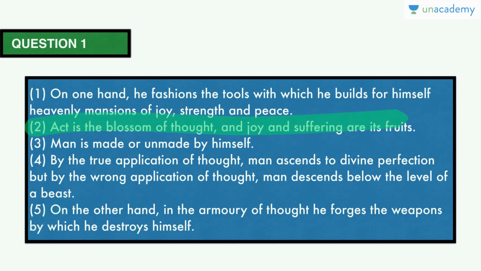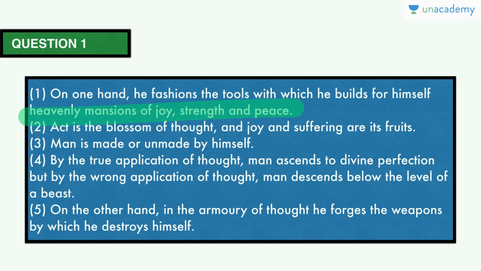Act is the blossom of thought, and joy and suffering are its fruit. Man is made or unmade by himself. Both of them could be opening sentences, but the hint that I got about sentence 3 being the opening sentence was when I read sentence 1, that it's talking about man building something, that he himself fashions the tools with which he builds for himself heavenly mansions.